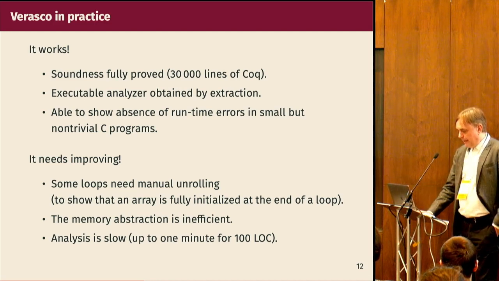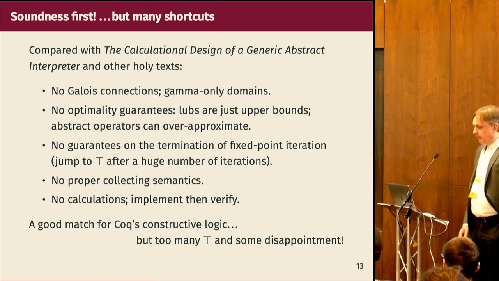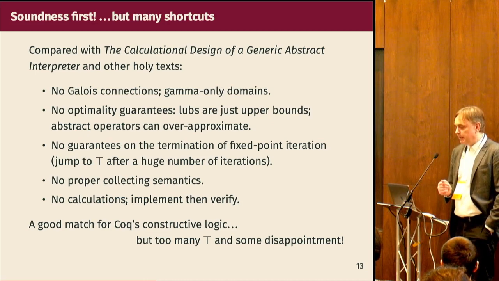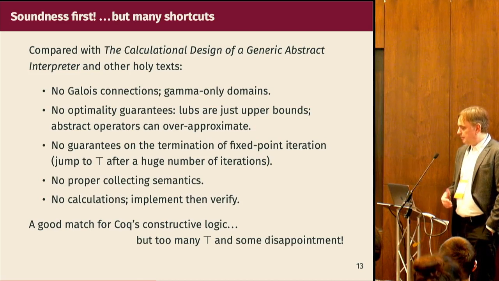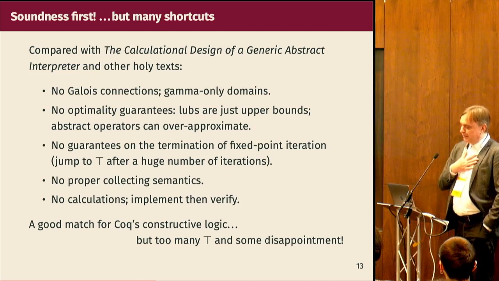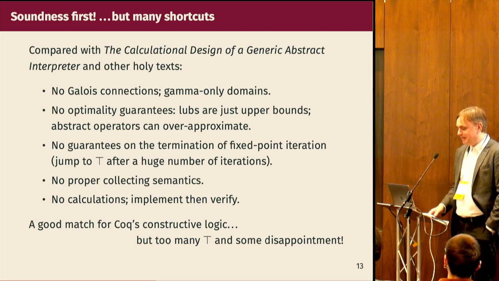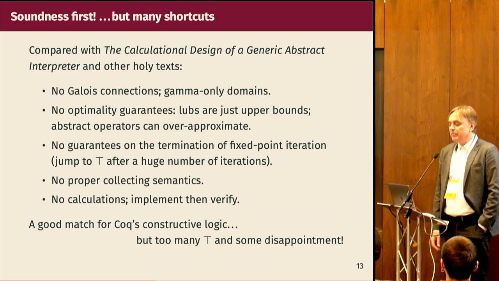Okay, all right. So, coming back to what we achieved. We proved soundness, but we proved nothing else, and that's a little bit disappointing compared with some of the holy texts that I deeply respect, like Patrick Cousot's notes, the calculational design of a generic abstract interpreter. So we have no Galois connections.